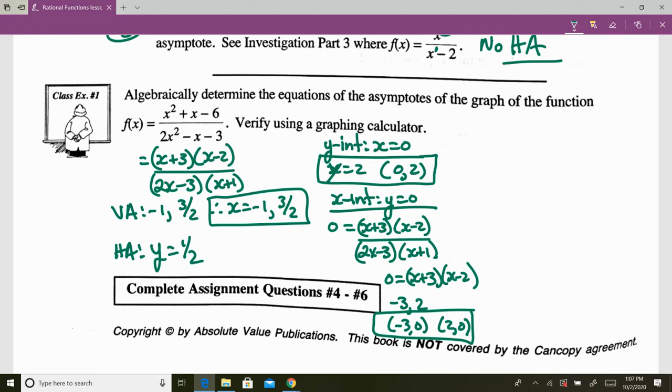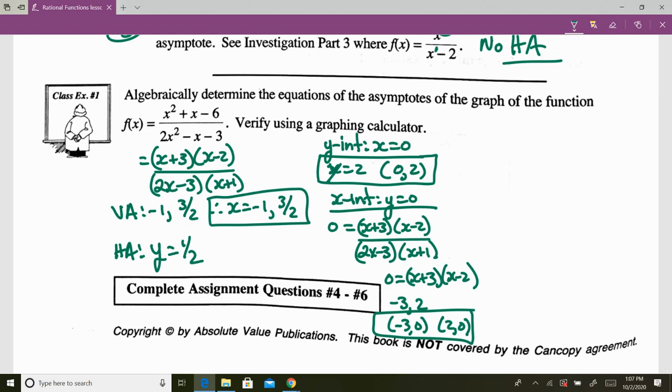You don't have to write all this out every single time. If you are asking for the x-intercepts, you just look at the numerator. That's it. You just look at the factored form. What makes those brackets 0 are your x-intercepts, and you're done. You don't have to do what I just did, okay? I mean, you can, but it's going to turn out to be the same thing every single time.